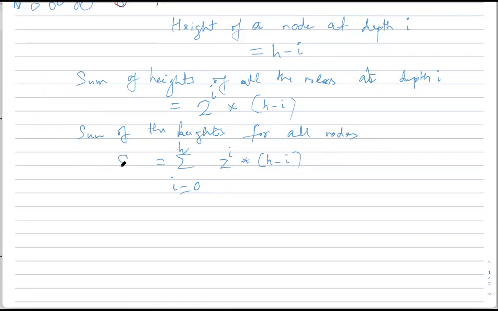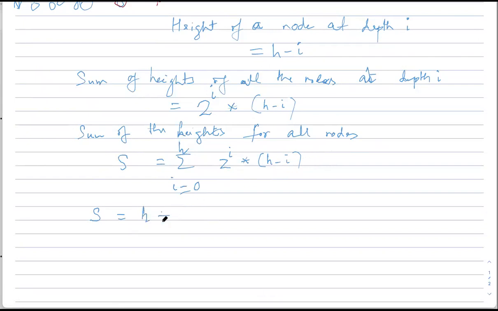So let's say this is S, because we need to find out the value of this. We can write S is equal to, so let's say I equals 0, then it's 2 to the power 0, which is 1, times H minus 0.